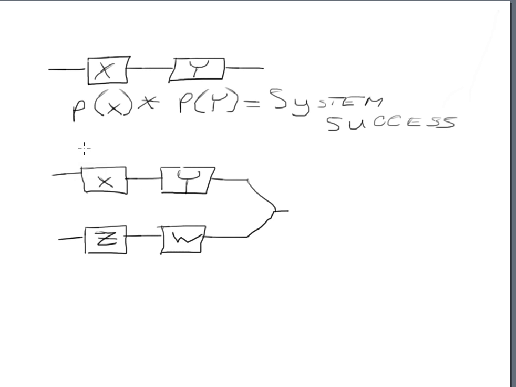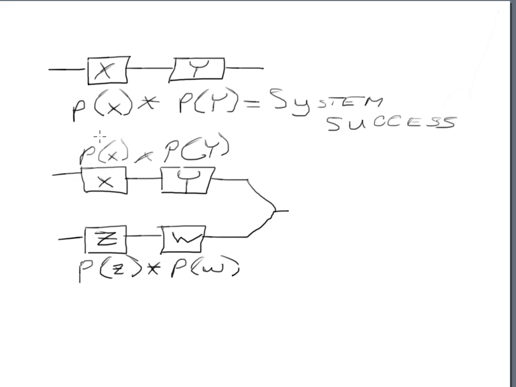So to do that, we need this probability of X times the probability of Y. And down below we have again the probability of Z times the probability of W.